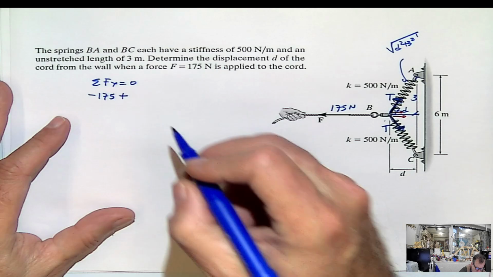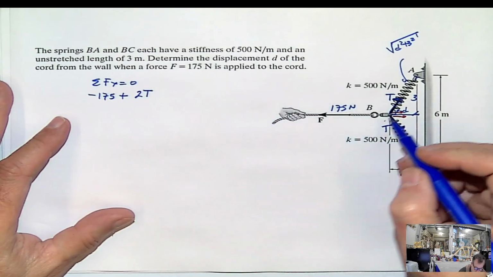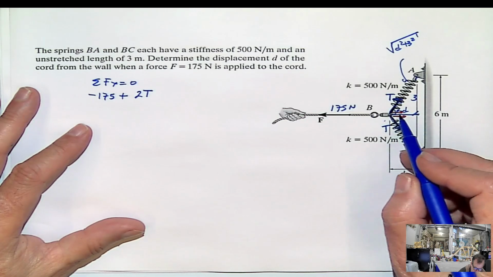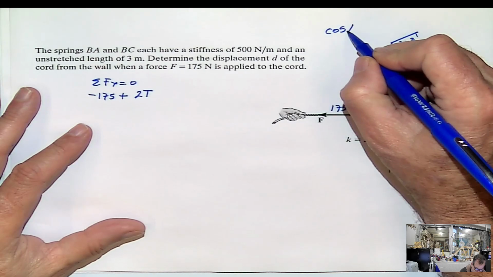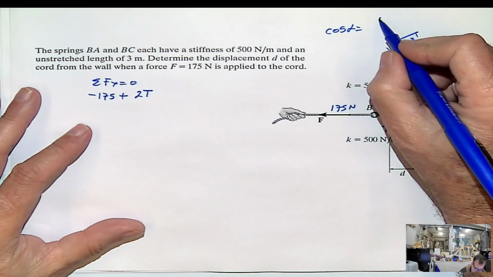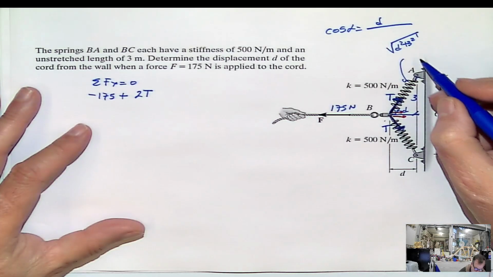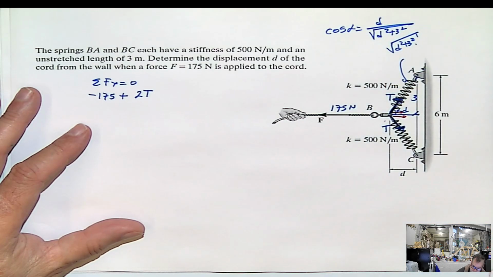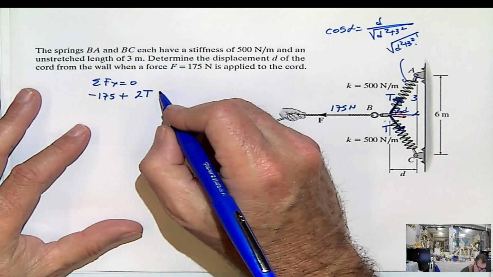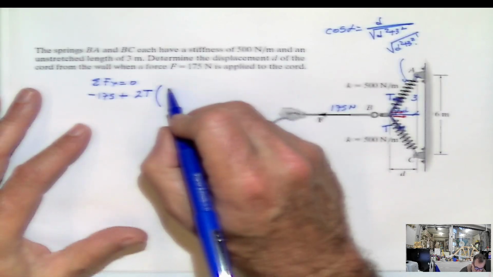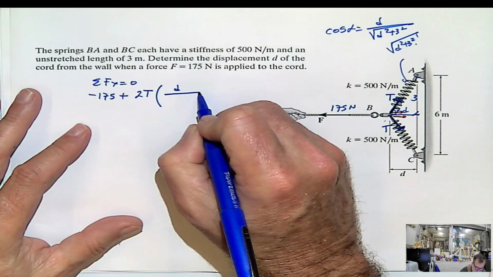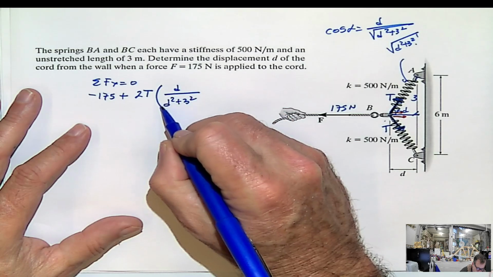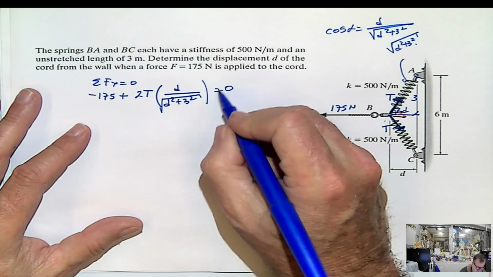So I'm going to put 2 times T, that force, times the cosine of this angle, which is the adjacent, d, divided by the hypotenuse, this one. So I put that inside this equation: d divided by square root of d squared plus 3 squared, equals 0.